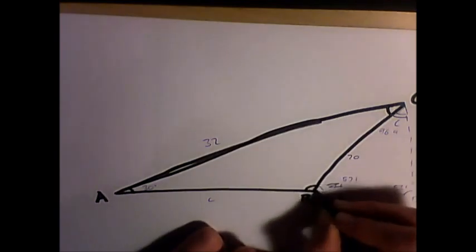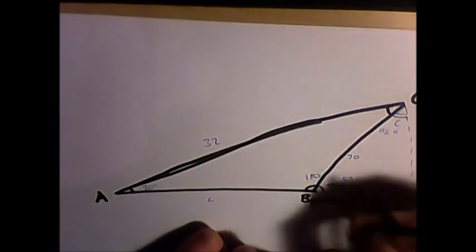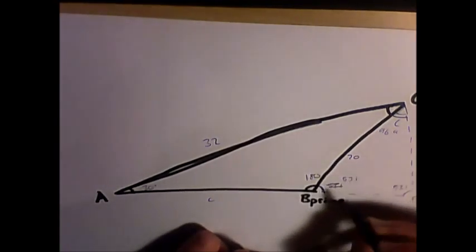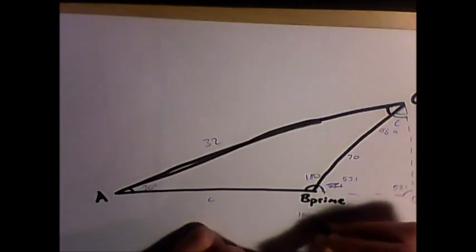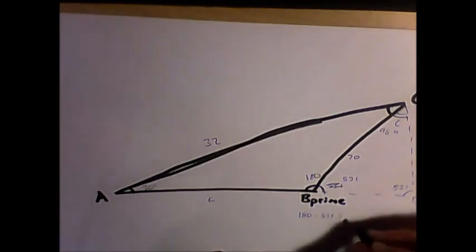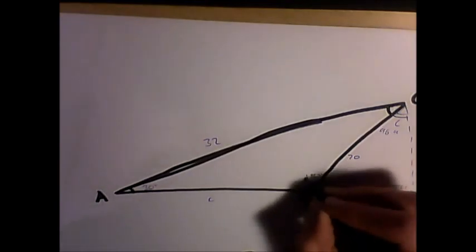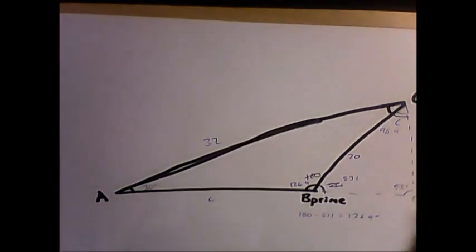So we know that this angle is mirrored, and we know that the total angle here is 180 degrees. But our B prime is not 180 degrees, and it's not 53.1 degrees. It's 180 degrees minus 53.1 degrees, or 126.9 degrees.